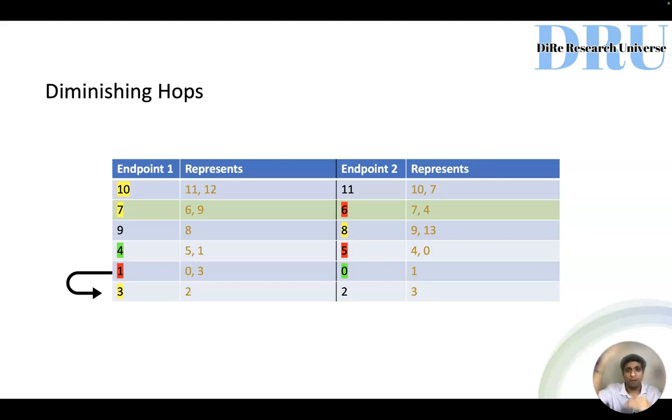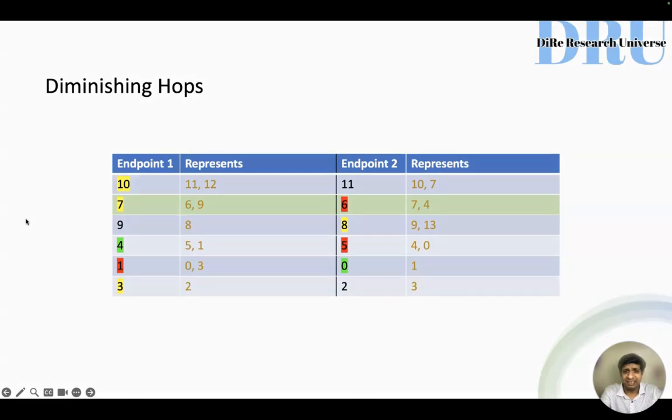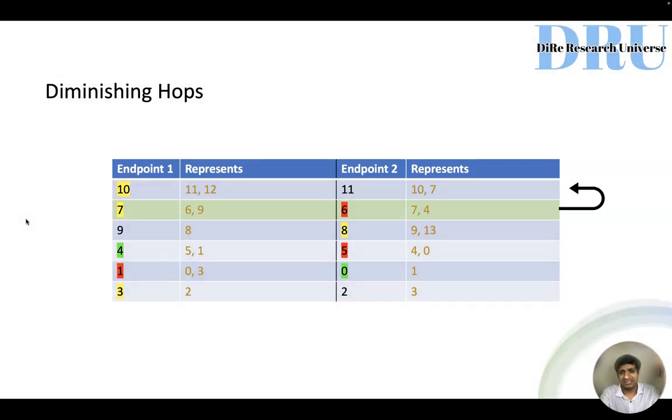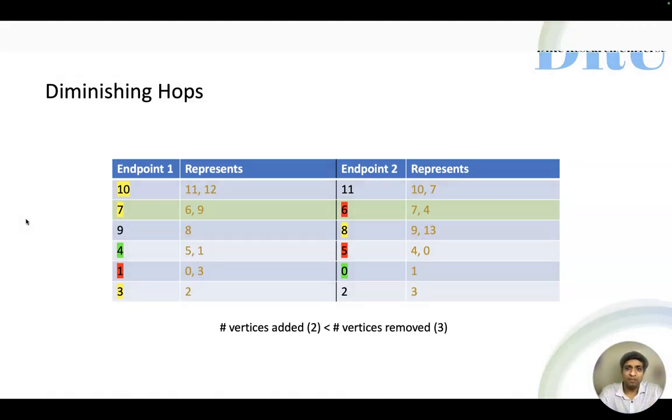Now we need to hop up, and fortunately in this case there are no vertices that represent vertex 6, so there is no need to hop up. So eventually we stop this hopping process, and in this instance the number of vertices added, that is 2, is less than the number of vertices removed, that is 3.